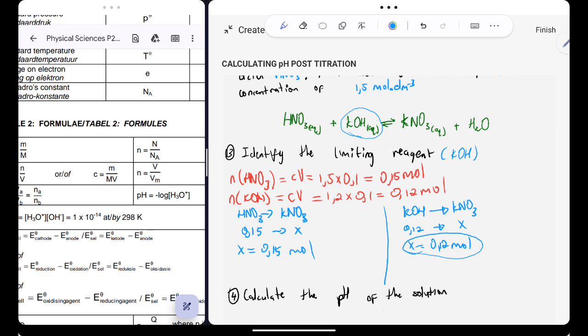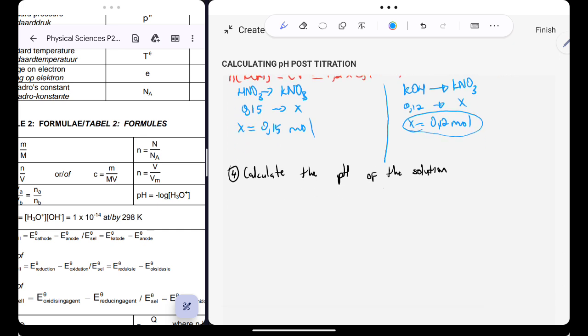The following question, they are saying I must calculate the pH of the solution. Remember that, guys, pH will be determined by the reagent which is in excess. Are you together? So in this case, the reagent in excess is my nitric acid.